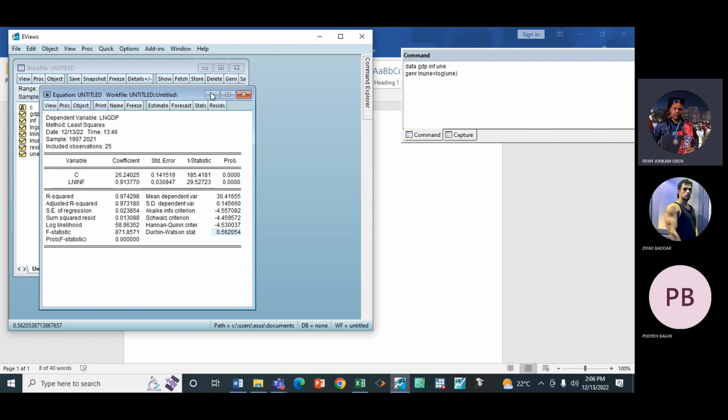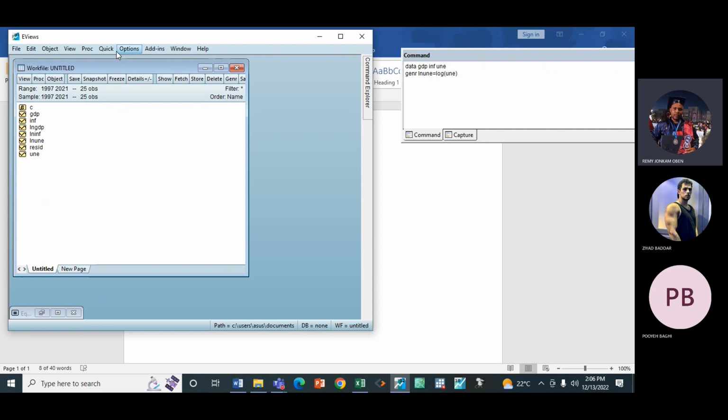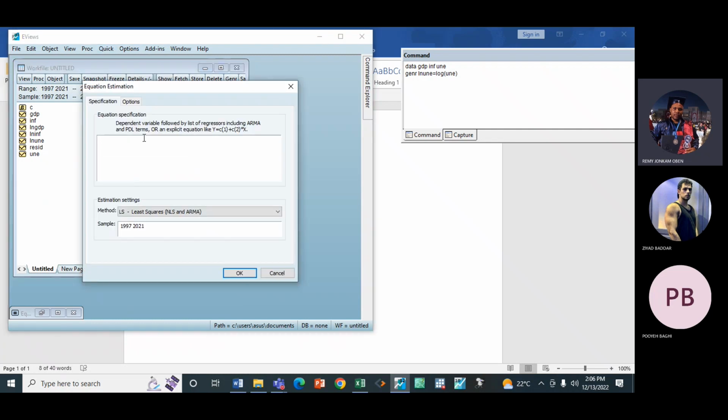Okay. I think I should run now a multiple regression and then tell you what I want to tell you. So we have log GDP, constant, log inflation, log unemployment. So you see, this is multiple regression because we have now more than one independent variable, right?